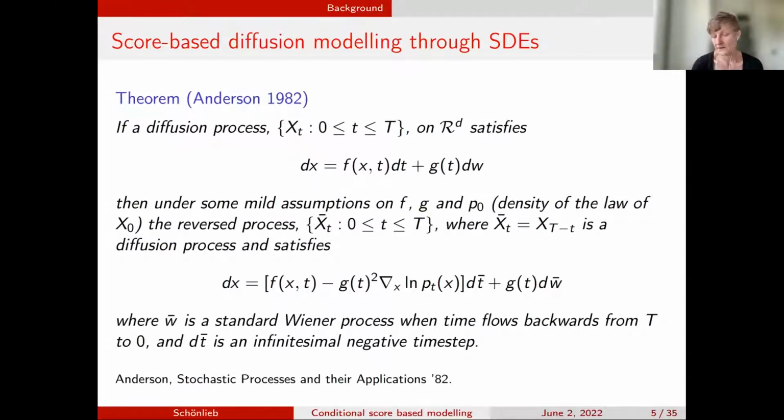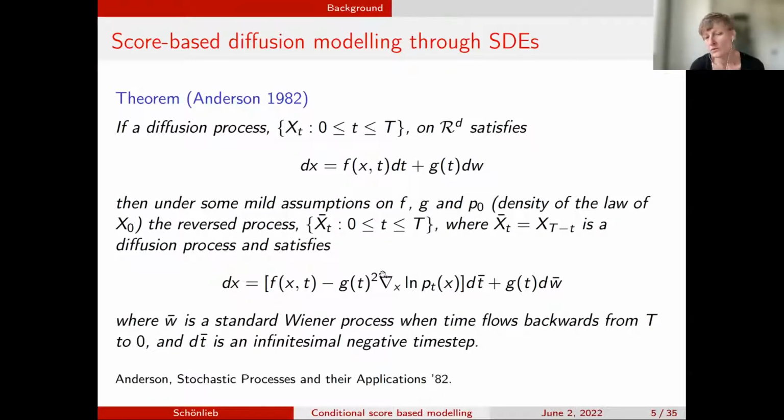Now this result tells you that if you do things the other way around, you start with a normal distribution and you have some way to access the gradient of the log density, then you can generate from noise samples, from normally distributed samples, image samples from your distribution P0.